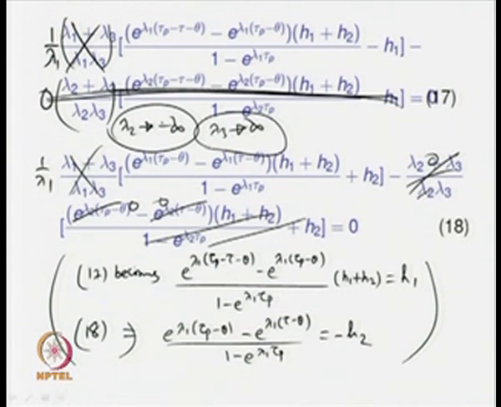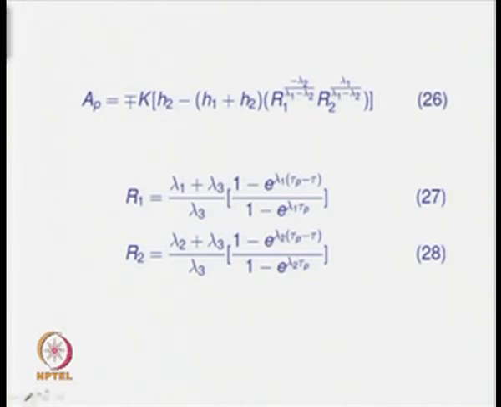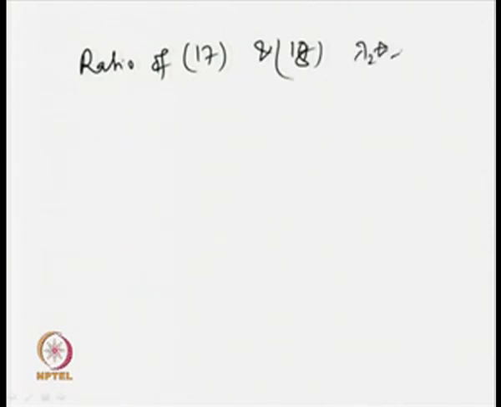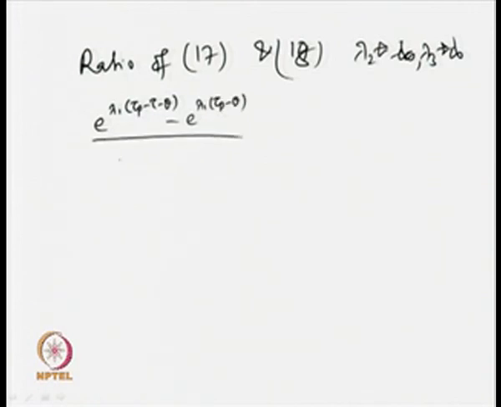Next, the ratio of 17 and 18, with the conditions that lambda 2 tends to minus infinity and lambda 3 tends to infinity, gives us e to the power lambda 1 tau p minus tau minus theta, minus e to the power lambda 1 tau p minus theta, divided by e to the power lambda 1 tau p minus theta, minus e to the power lambda 1 tau minus theta, is equal to minus h 1 by h 2, simply the ratio of the two.